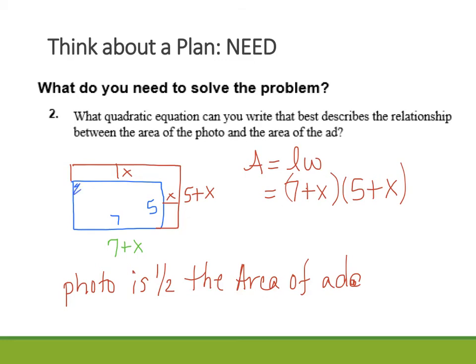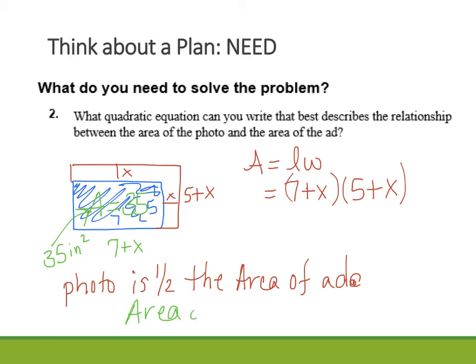If you look at the photo, what is the area of the photo? It's a 7 by 5 photo. Well, area is length times width, so the area of the photo is 35 square inches. And if the photo is half the area of the ad, that means that the area of the ad is twice the area of the photo.